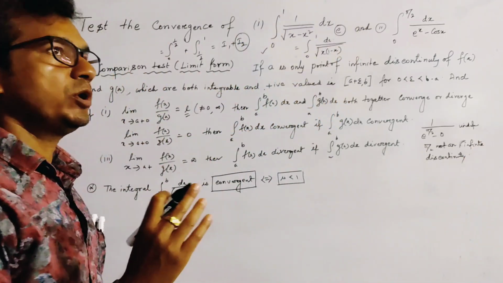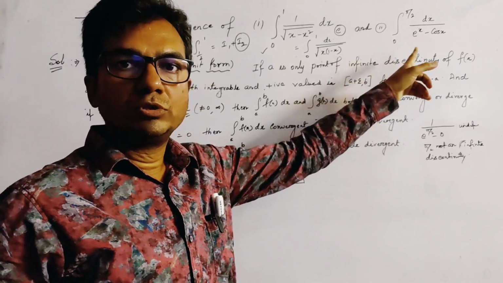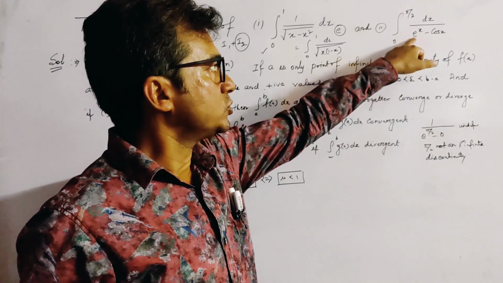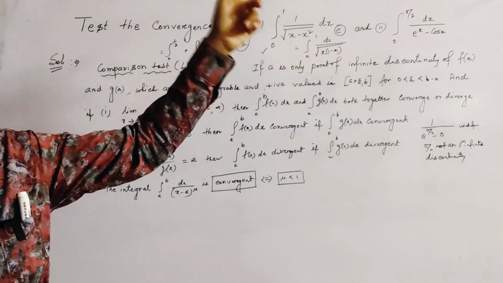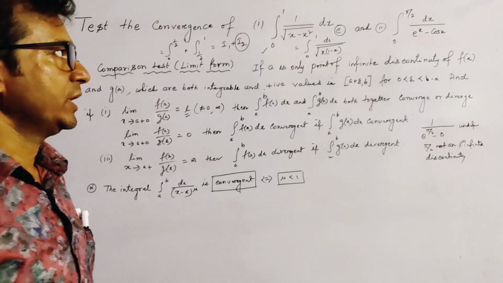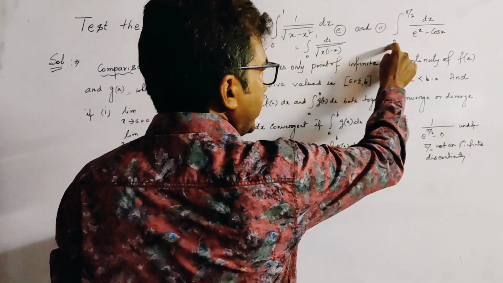Here there is only one point of infinite discontinuity, which is at x equal to 0, because at x equal to 0, e to the power 0 means 1 and cos 0 is also 1, so 1 minus 1 is 0, that is 1 by 0, which is undefined. Now we test at the point 0 only.